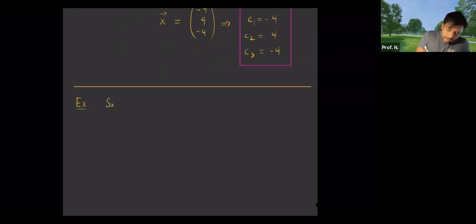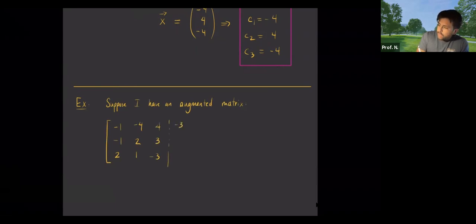Suppose I have an augmented matrix, and this augmented matrix looks like the following: -1, -1, 2, -4, 2, 1, 4, 3, -3, and then we have this augmented part, -3, 4, -3.